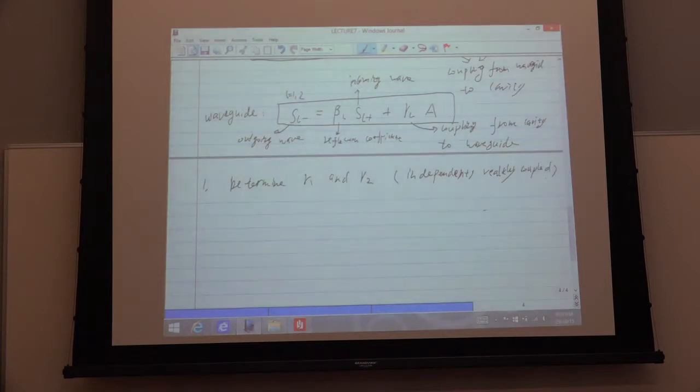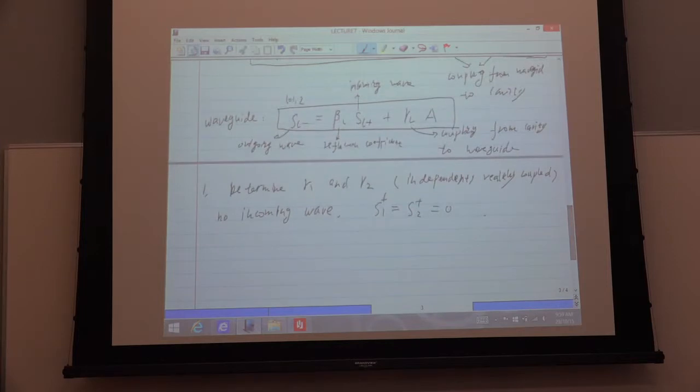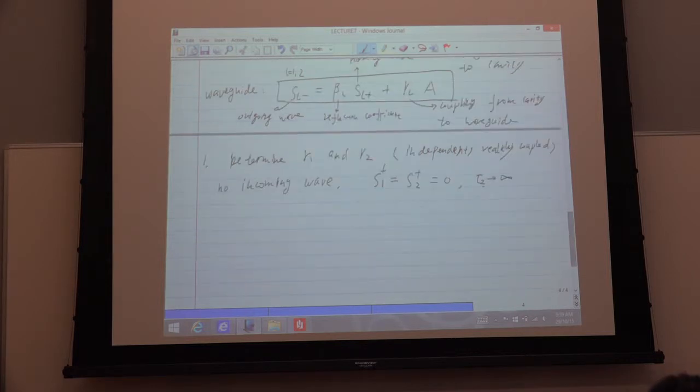This is important. So first we assume no incoming wave. If no incoming wave, I mean S1 plus equals S2 plus equals 0. I go to the first picture and say no incoming wave. Then we assume tau 2 goes to infinity, because this set is uncoupled to waveguide 2.